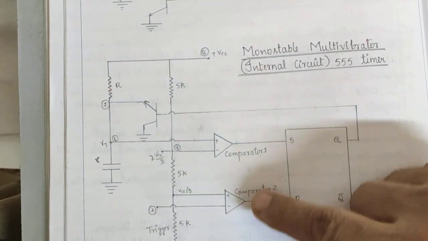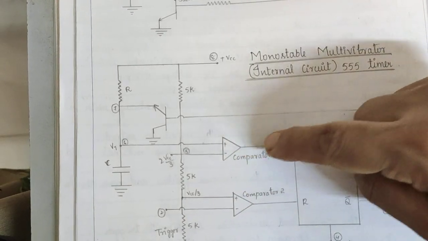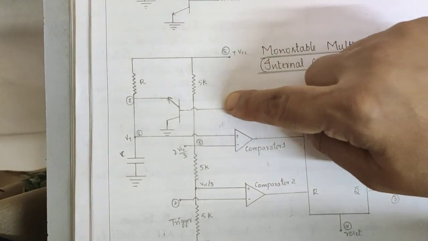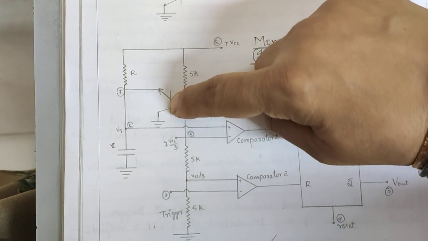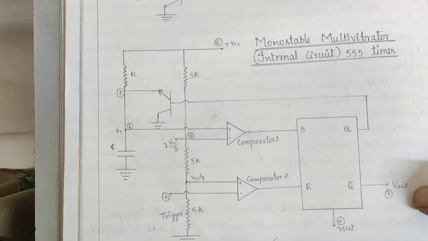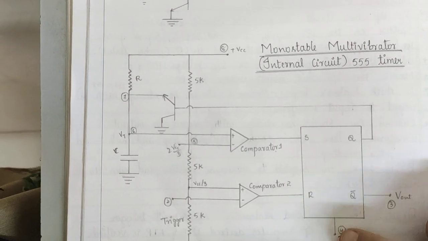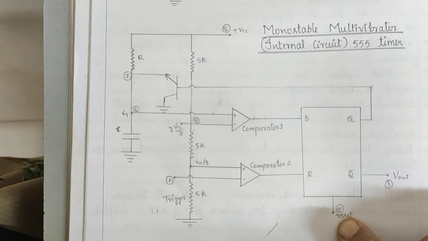They are connected to the 2 comparators. The output of the comparators is given to the flip-flop, and one output is given to the transistor, another output is given for the output voltage, and the other is given to the reset.